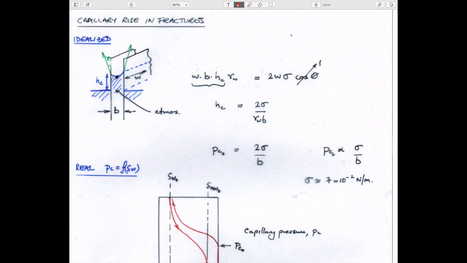If the plates are quite close together, you'd expect this capillary rise to occur between them. The capillary rise is driven in a wetting fluid or a non-wetting fluid, right? This would be a non-wetting fluid. But the capillary rise is driven by the interfacial tension along here, and we can do the same analysis.